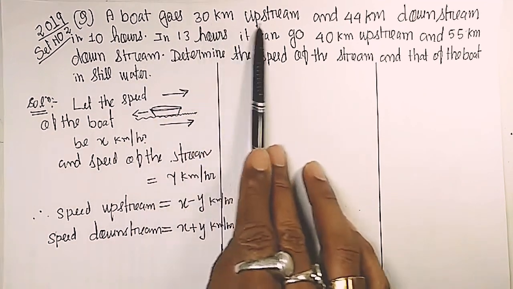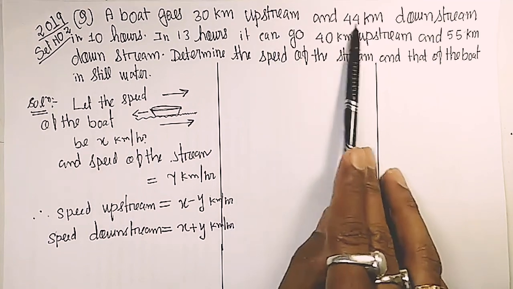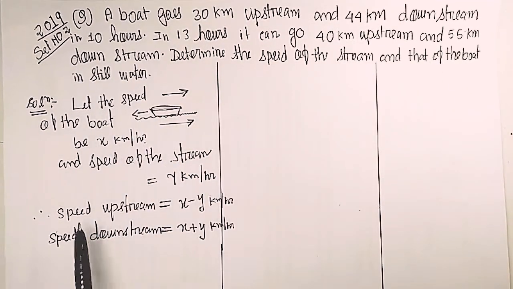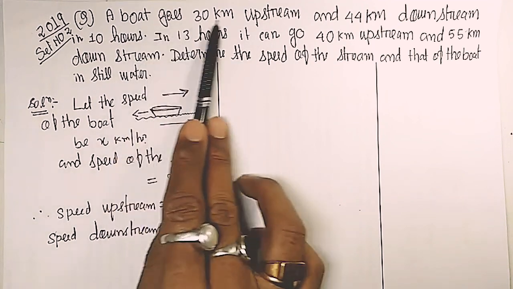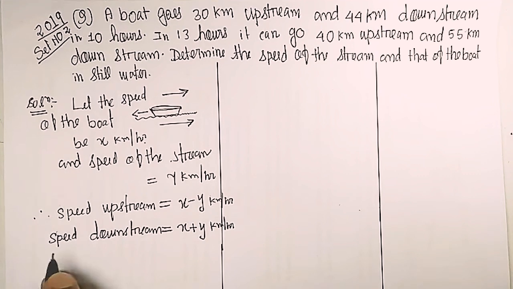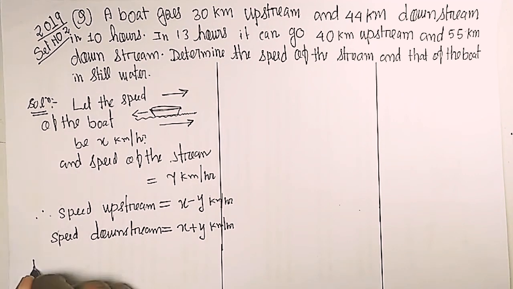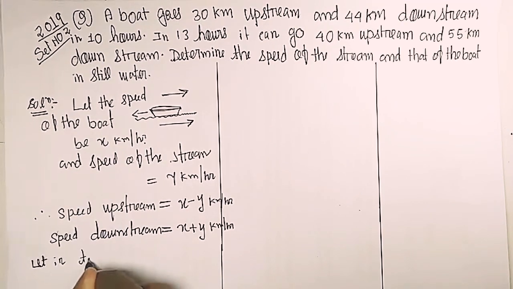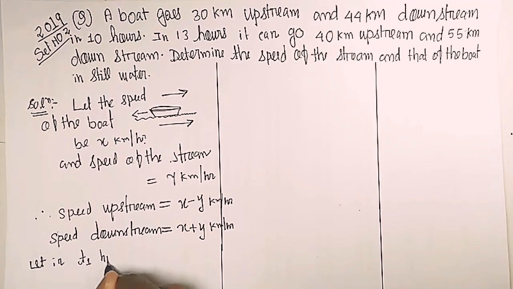A boat goes 30 kilometer upstream and 44 kilometer downstream in 10 hours. Suppose it moves 30 kilometer upstream in time T1 hour.